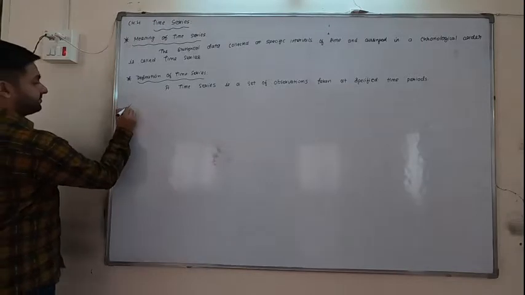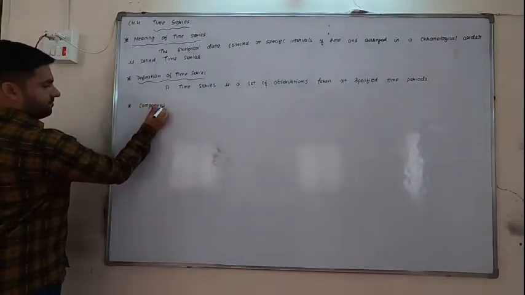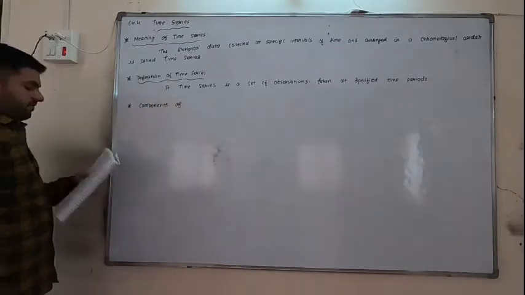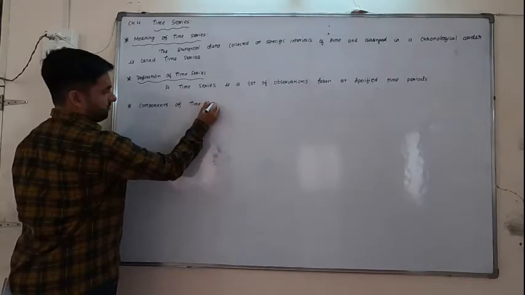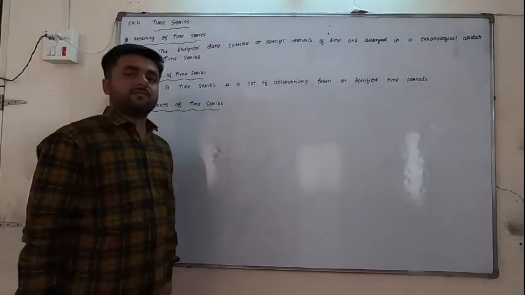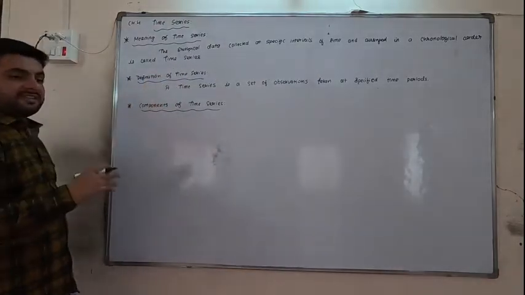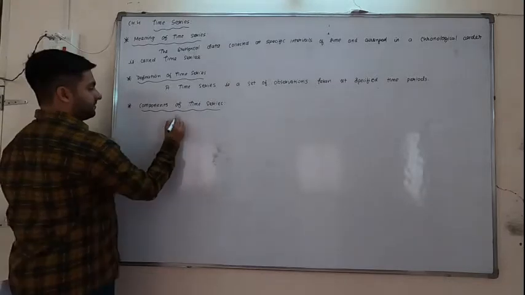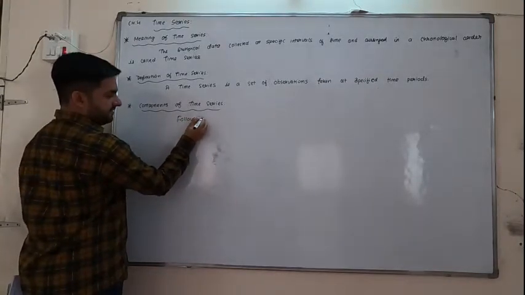Next, components of time series. See, for 1 mark also they can ask what are the components of time series. Then we are just writing through sentences, then I will explain each component. Okay. So you have to write the answer as it is.